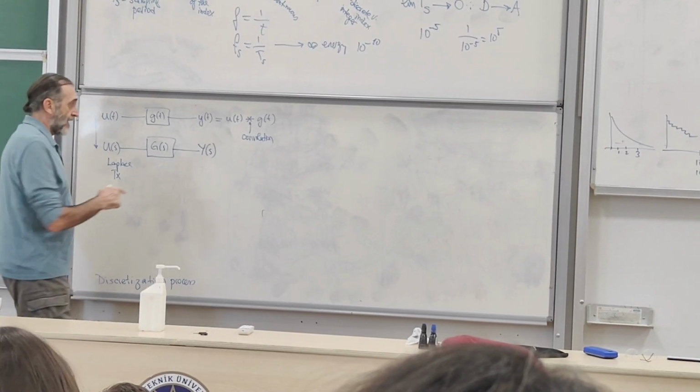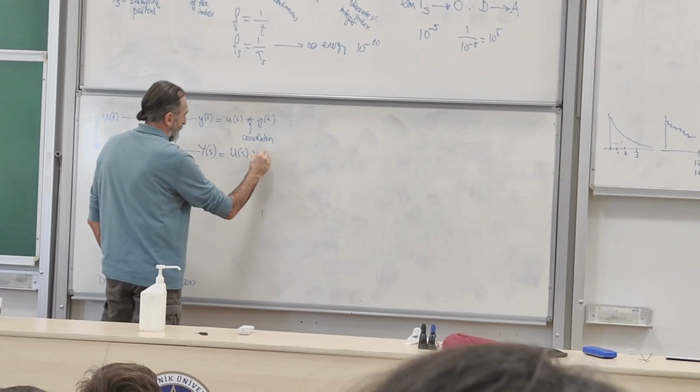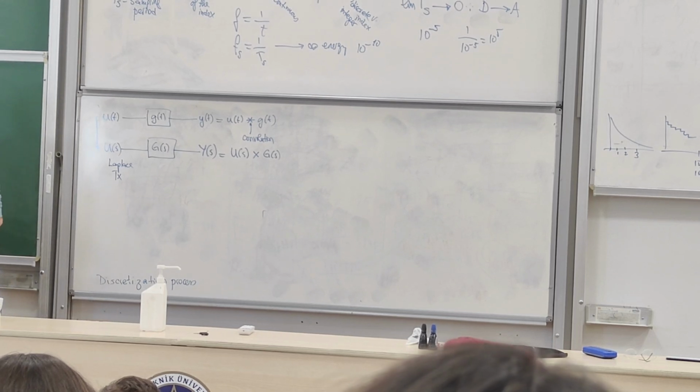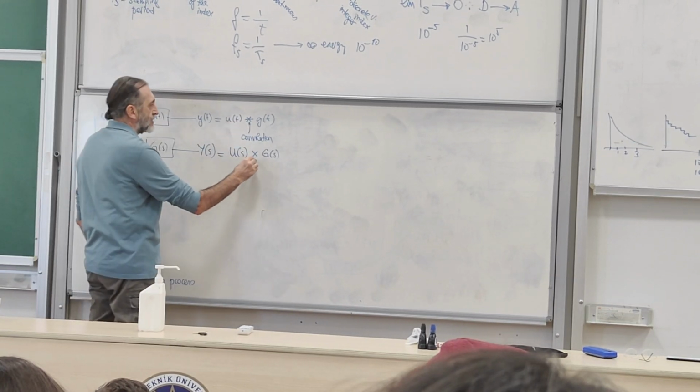Okay? And then this becomes U(s) times G(s). So one thing good about the Laplace transform, other than you have to deal with complex numbers, is that convolution turns into multiplication.